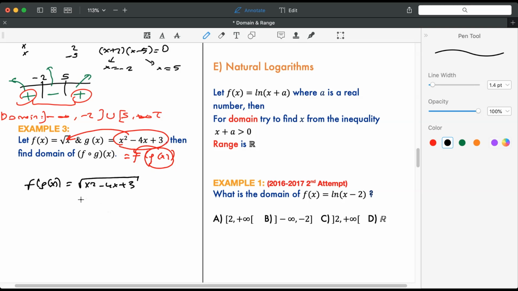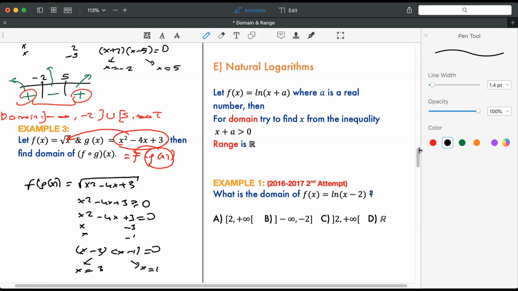Same idea, the radicand must be positive, so set the radicand to 0, and factorize to find the roots. The middle term is negative, so the numbers here must be negative. x minus 3 times x minus 1 is 0, so x is either 3 or 1.